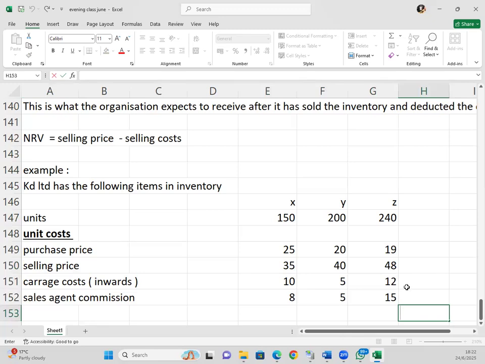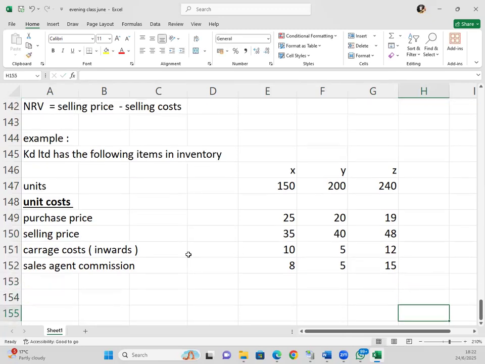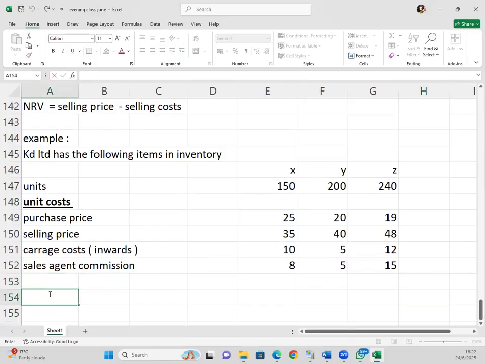So then the question is, what is the value of closing stock? So at the end of the period, we have units of X, of Y, and of Z. Now, what is the value of closing stock?